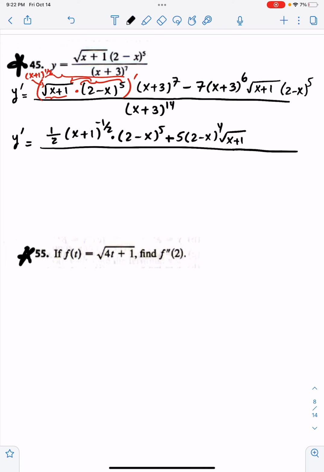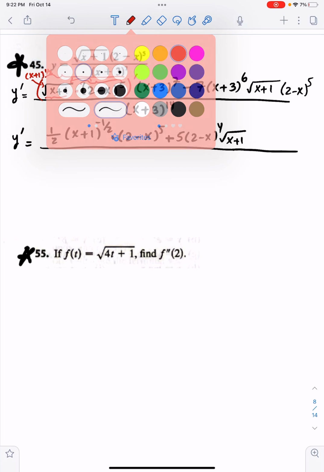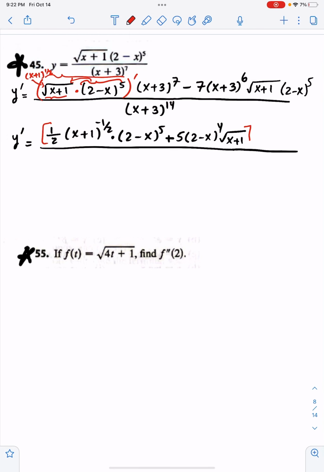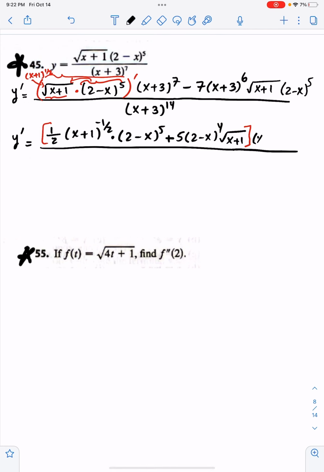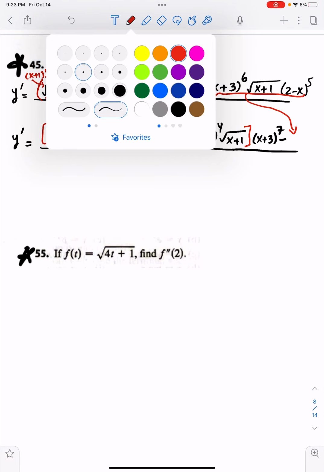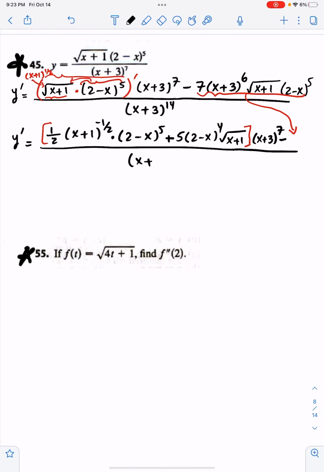There's not much room here, so I'm going to write this in parentheses for that red piece, copying down (x plus 3) to power 7, minus, then bringing the second piece down. There's not much room to copy it down, but the entire thing would be copied. And then denominator, (x plus 3) to power 14.